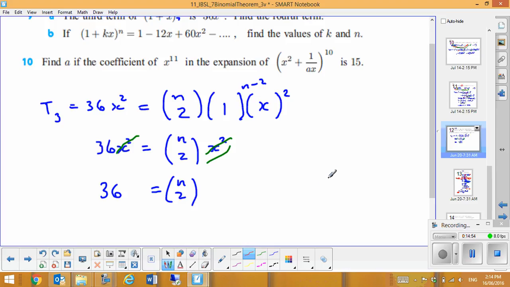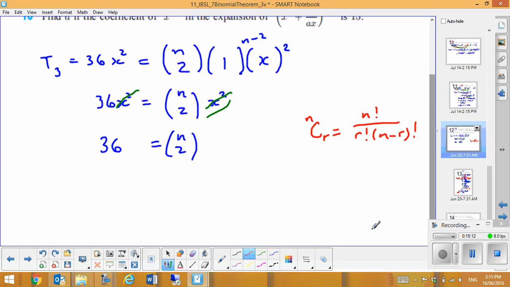Hopefully you might remember we have a formula for NCR, and that equals n factorial divided by r factorial times n minus r factorial. So we can use that rule with this calculation. So 36 equals n factorial over 2 factorial times n minus 2 factorial.